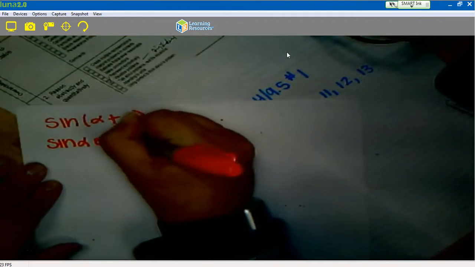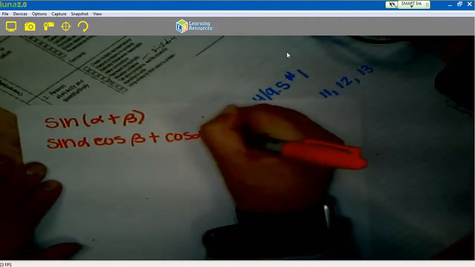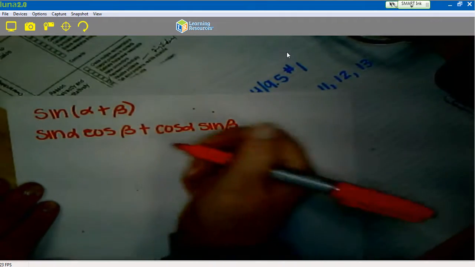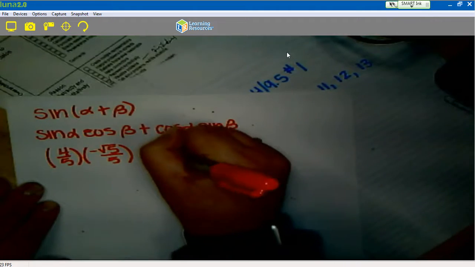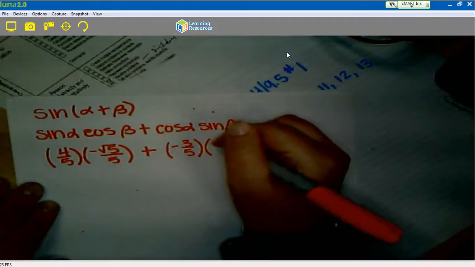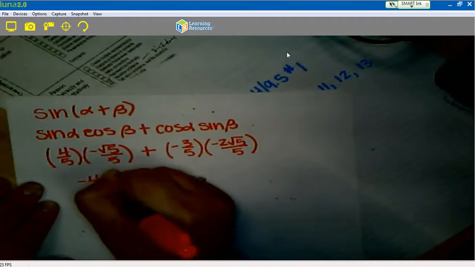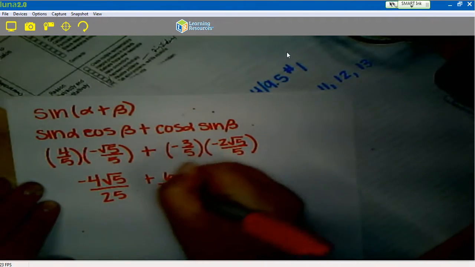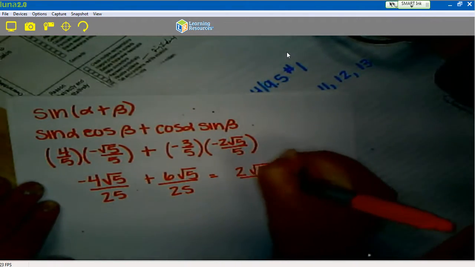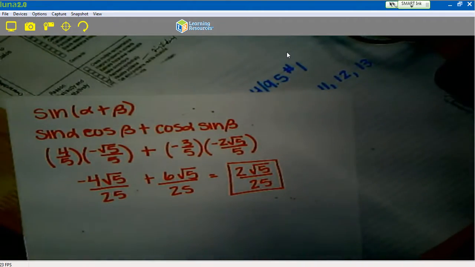Take a couple minutes and then you can restart the video. You should get 2 square root of 5 over 25.